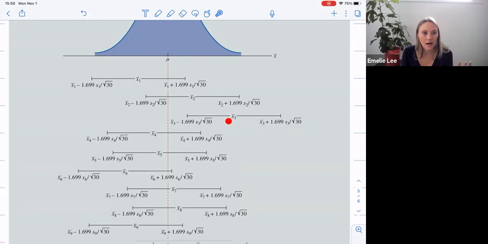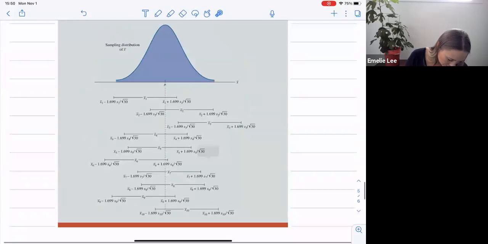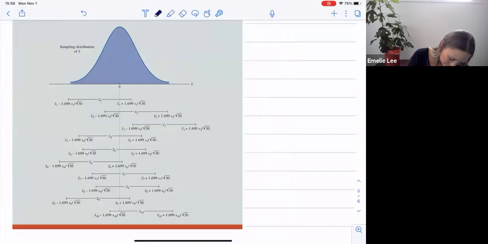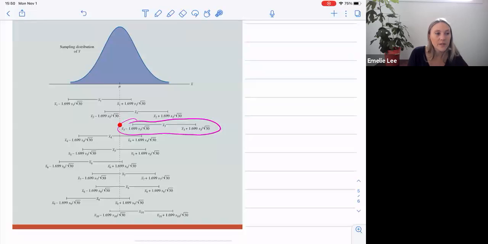And so what happens, and this is the reason we're only 90% confident, is because we don't know if this is the sample mean that we're working with, right? So here, I'm going to bump this over here. Notice how this interval doesn't cross that population mean line.